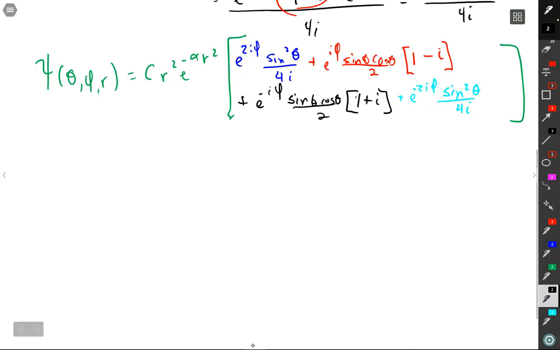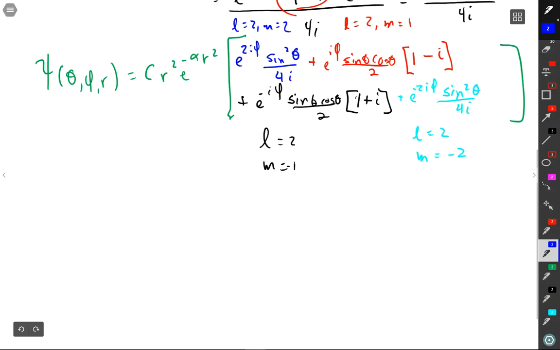So now this here is going to have to be something, because it has sine, cosine, it's second order in that. This is going to have to be L equals 2, M equals minus 1. This one here, L equals 2, M equals minus 2. And then the ones above, L equals 2, M equals 1, and L equals 2, M equals 2.